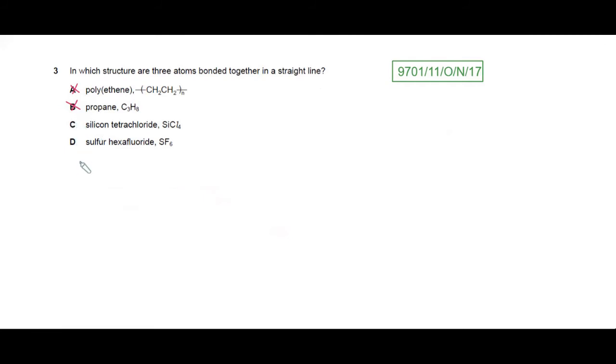Let's see silicon tetrachloride. Silicon tetrachloride is also having a tetrahedral arrangement. Silicon, its valency is 4, 1, 2, 3, 4, 4 valence electrons. And that is making 4 bonds with chlorine atoms, 1, 2, 3, 4.